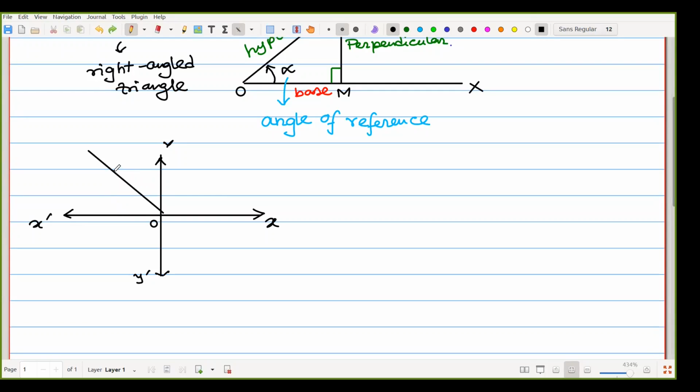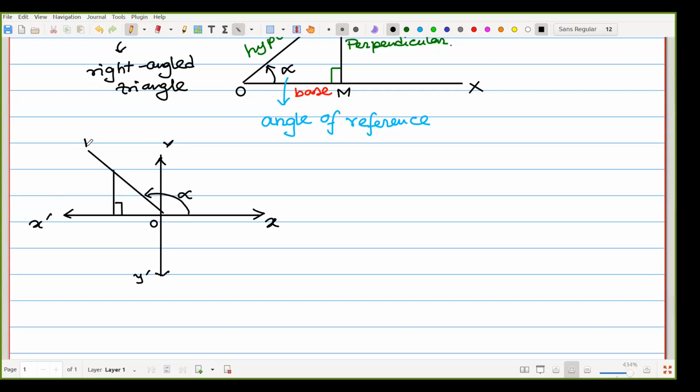That must be perpendicular. So here that one is the right angle. Here the alpha is here, because always we are thinking about the angle from the OX, from the initial side to the revolving line.